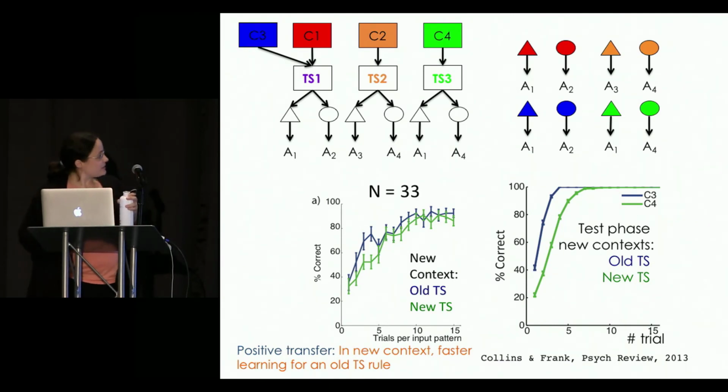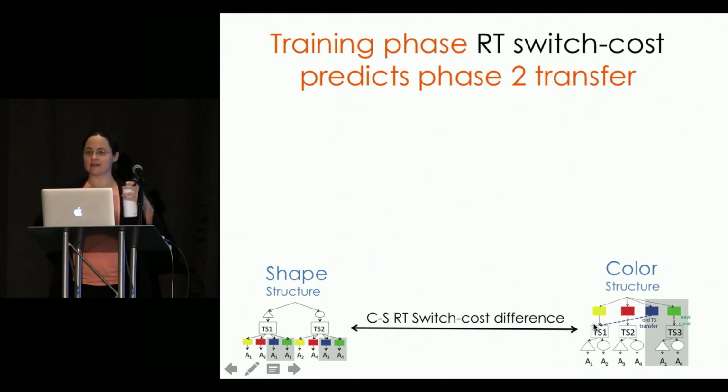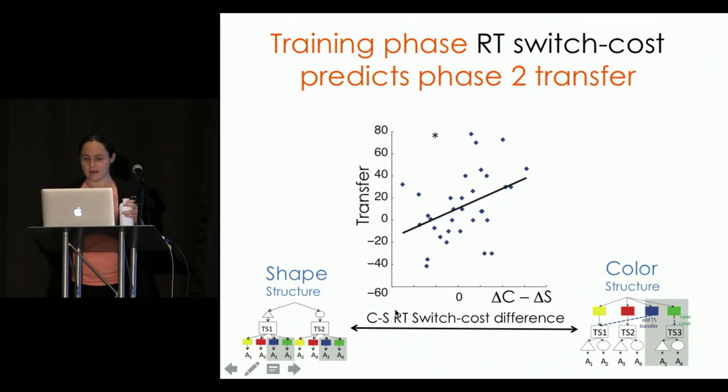What's more interesting is that we should predict transfer in this situation where color is used as a context, but not in that situation where shape is used as a context. And we can try to make this prediction based on whether there is a task set switch cost associated with colors or with shapes. Task set switch cost is a really well-established finding in the literature. And so indeed, that's what we found.